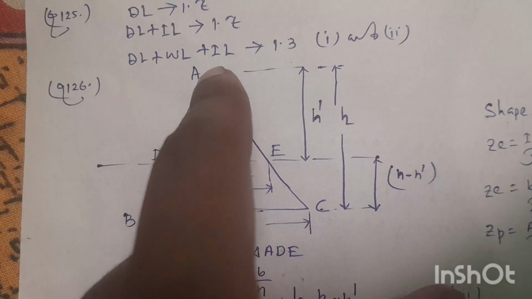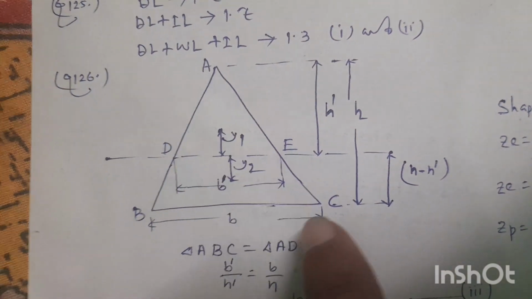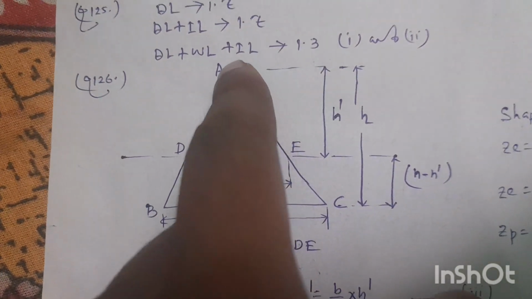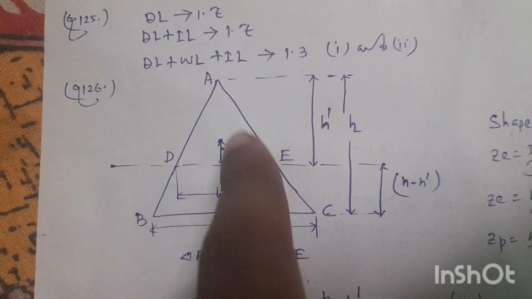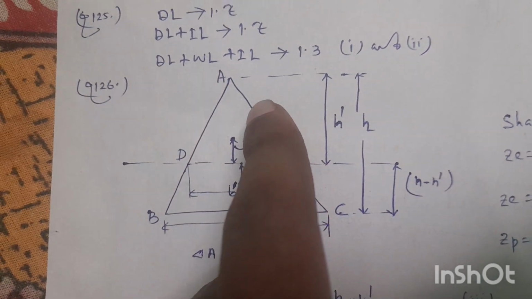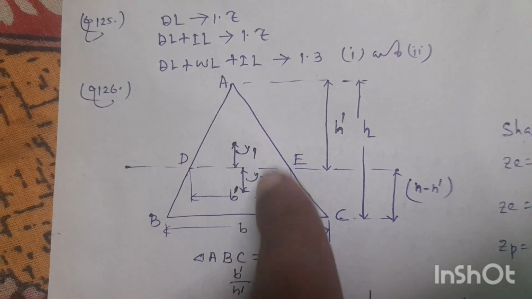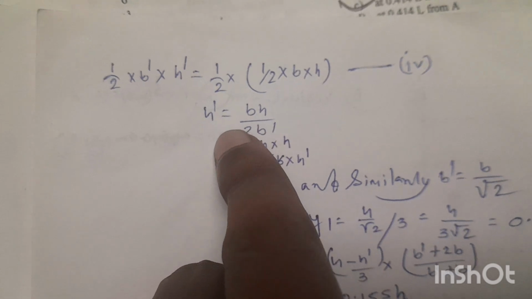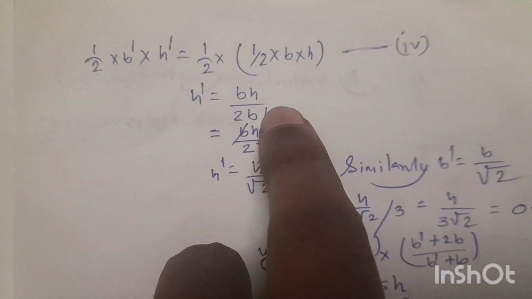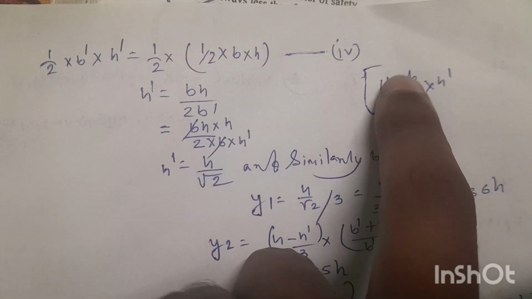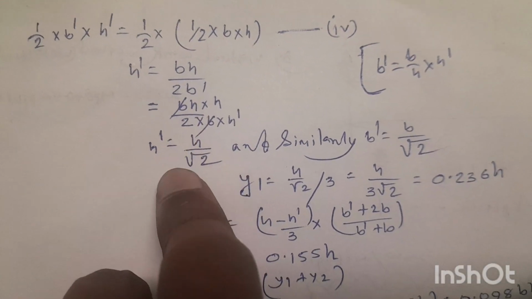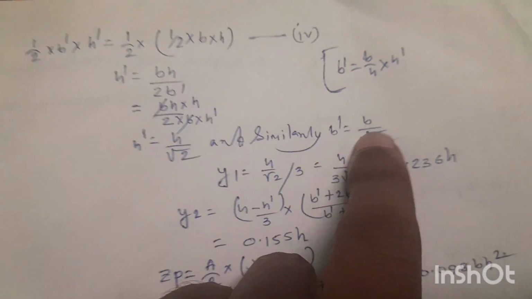The area above this axis is equal to the area below this axis. So the area above this axis will be half into B dash into H dash, which is equal to half of this triangle, half into B into H. So H dash will be equal to BH divided by 2B dash, and we got B dash equal to B by H into H dash. If we put, we will get H dash equal to H by root 2, and similarly B dash equal to B by root 2.